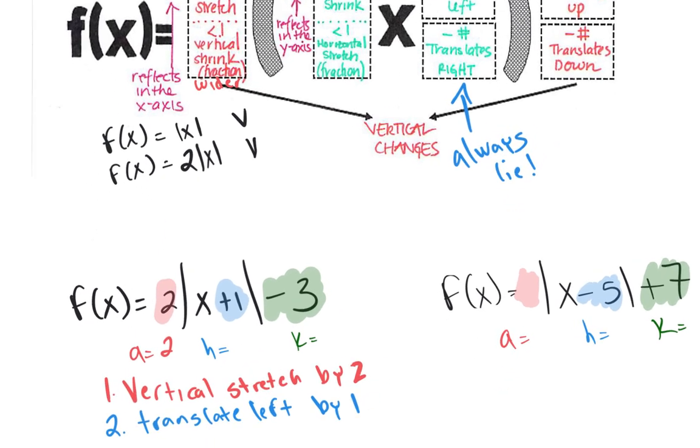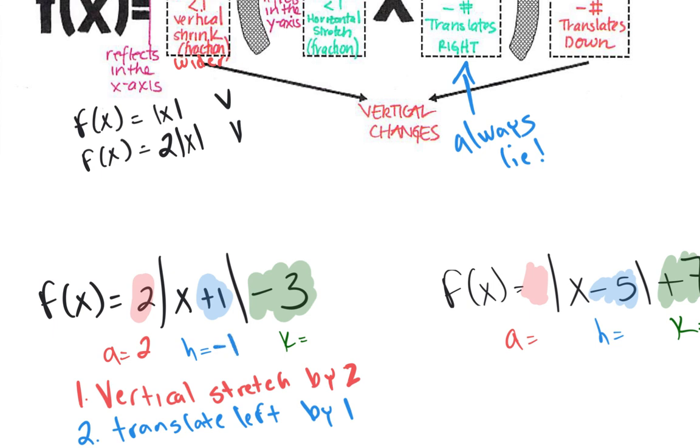So even though I have a plus 1, it's really going to be a minus 1. Now my last transformation is my k. My k is honest just like the a. My k is a minus 3, so whenever I have a minus 3 all the way at the end, it means I'm translating down. So I am going to translate down by 3.